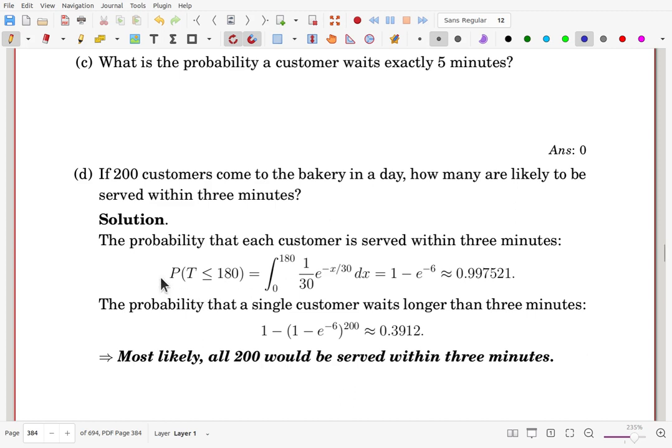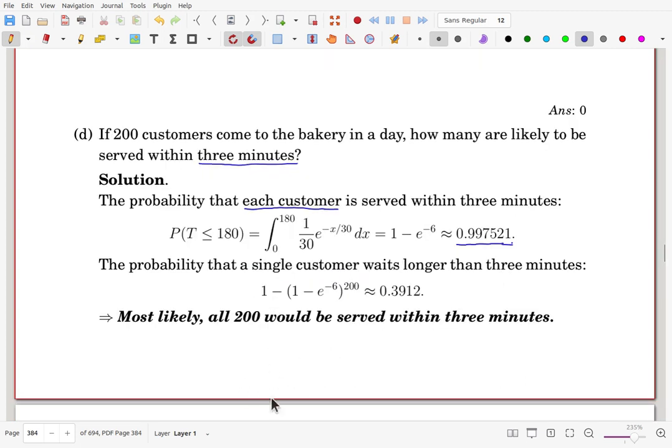If we look at each customer, the probability that each customer is served within 3 minutes, that is, the time is 3 minutes, is computed by using the PDF from 0 to 180 seconds. Once you compute it, that is 0.997521. So it is a very high probability.